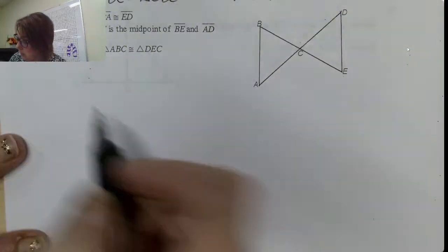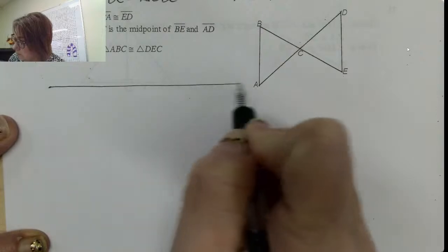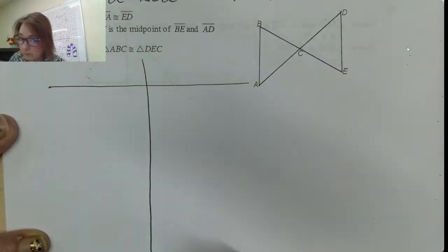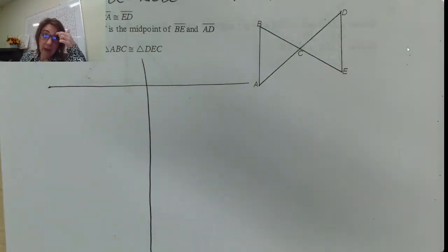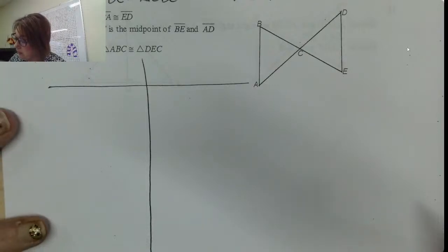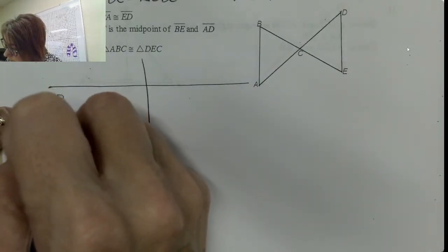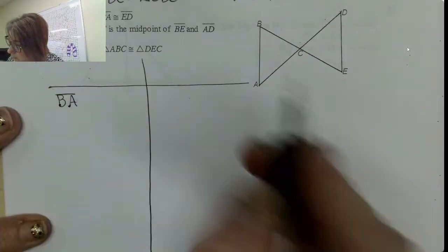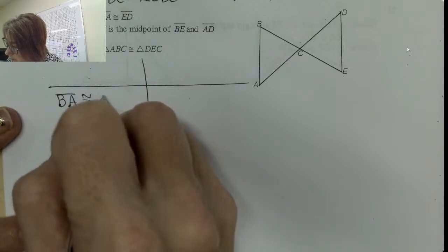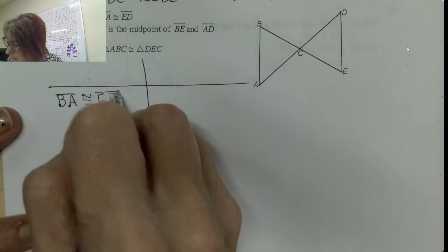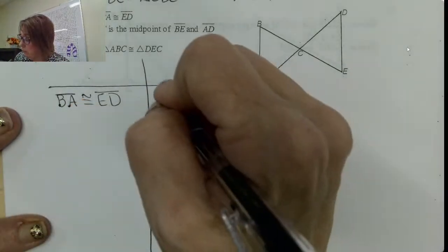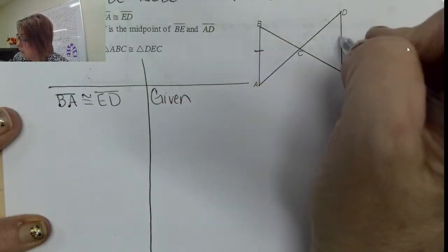All right, so let's make us a T-chart. What's that first piece of information they said? BA is congruent to ED. How do we know it? It's given. BA is congruent to ED.